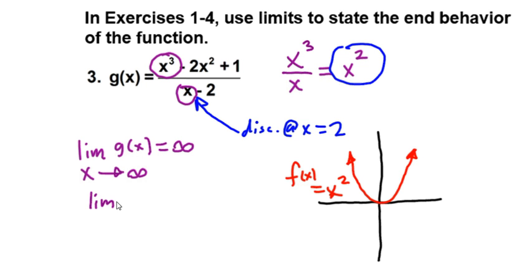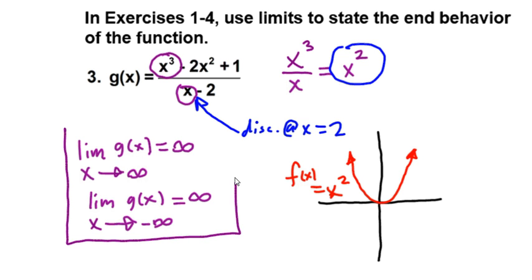And the limit as x approaches negative infinity of g of x is also, as we go toward the left, we also go up. This is an example of an even positive function, and this would represent our end behavior.